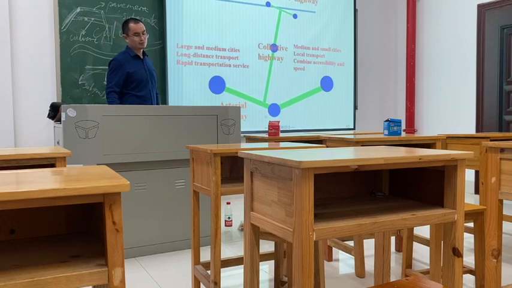Collective highway: medium and small cities, local transport, combining accessibility and speed. This is the feeder highway or local highway: village, rural, short distance transport, accessibility.